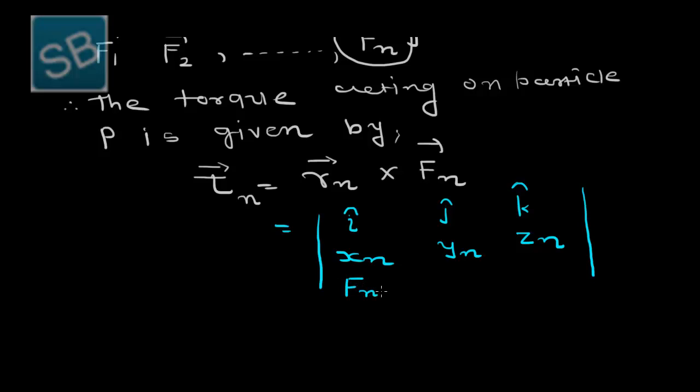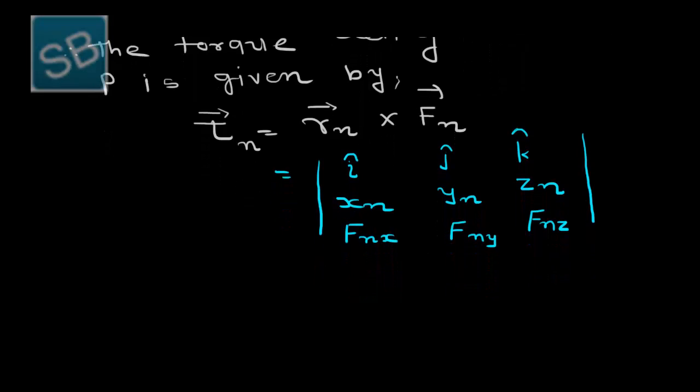The first component is Fnx, then Fny and Fnz. So let's simplify this determinant.